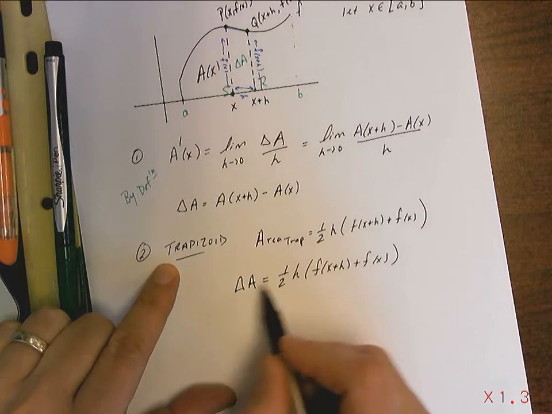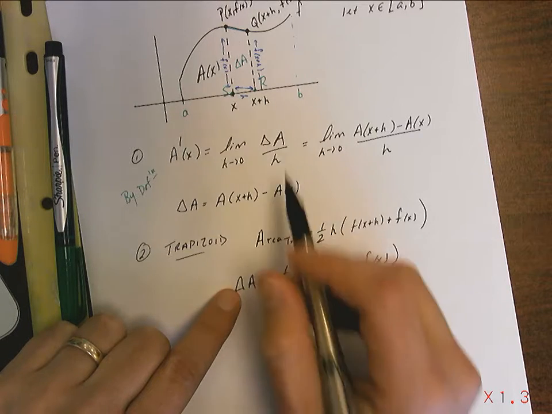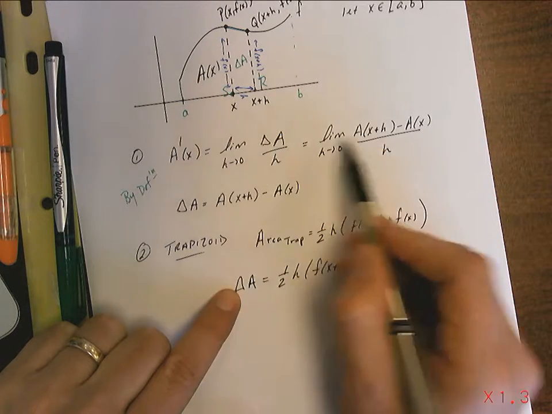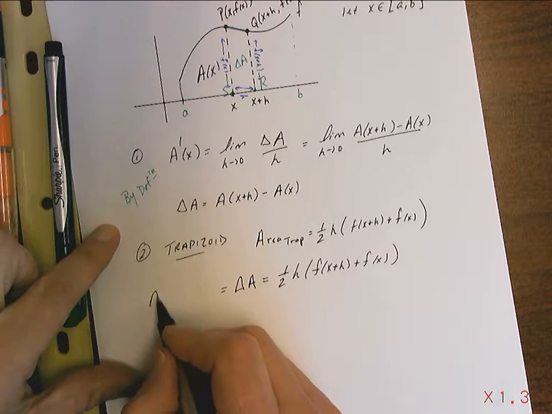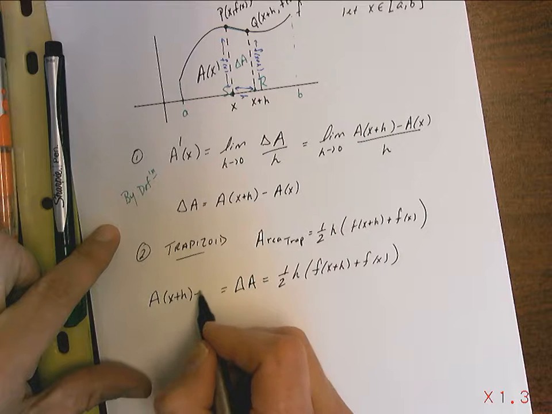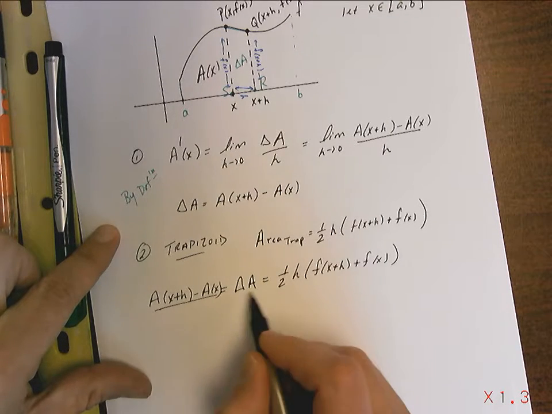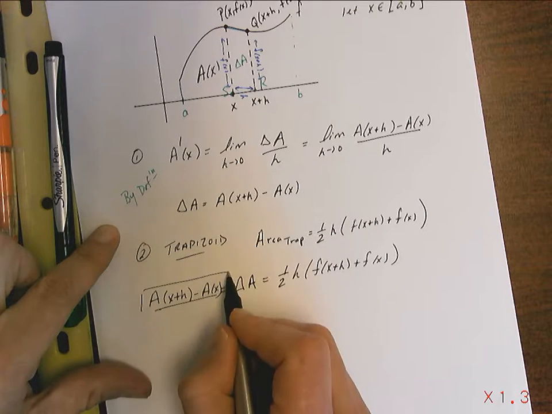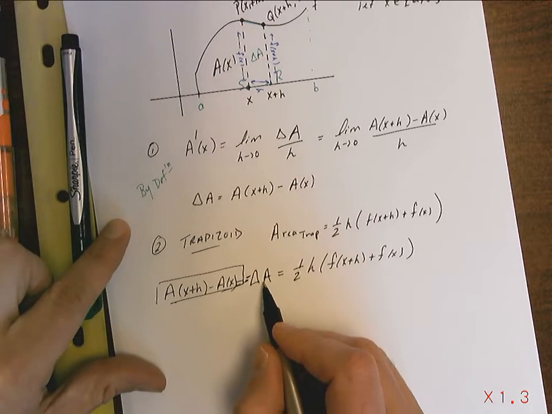Which means that I'm going to be able to plug it into here. And it's also equal to this. So all of these are equal to each other: A of x plus h minus A of x, and delta A, and this one.